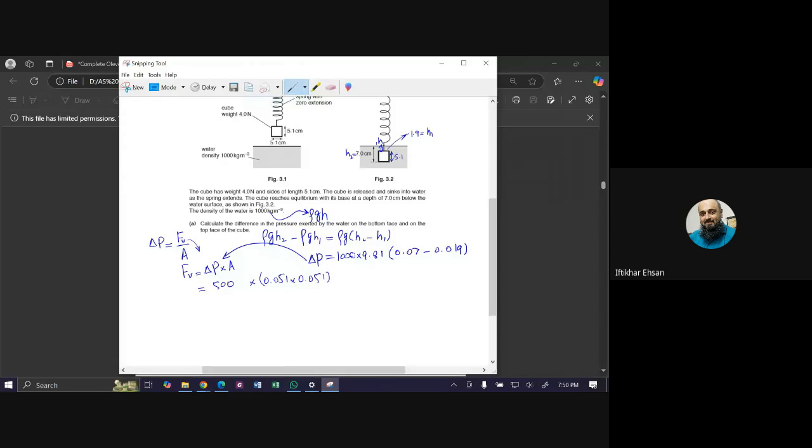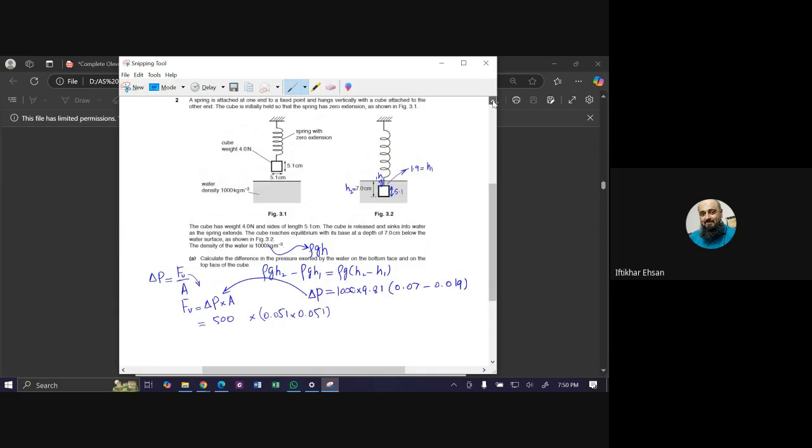Let me change. Can we see the forces? Can we see the screen? Yes, sir. There are some forces. One force is the weight of the cube, and there is a force upward which is upthrust, and there is another force applied by the spring, that is tension, right?